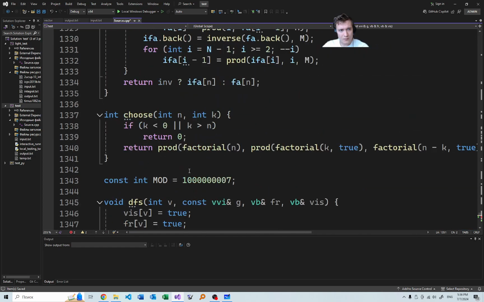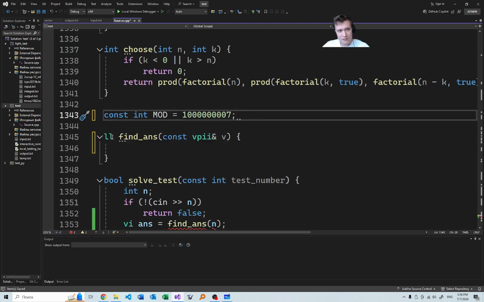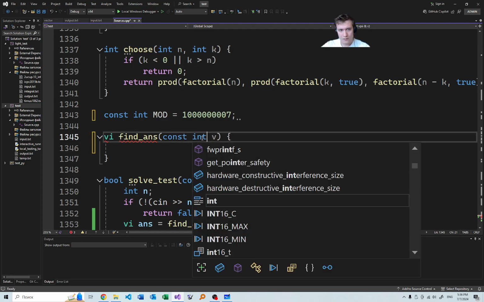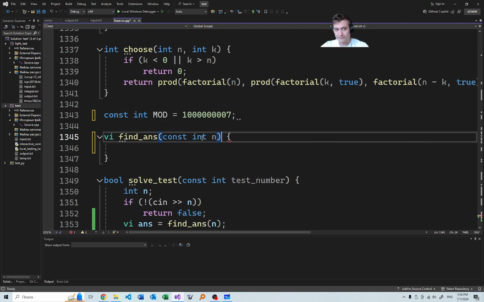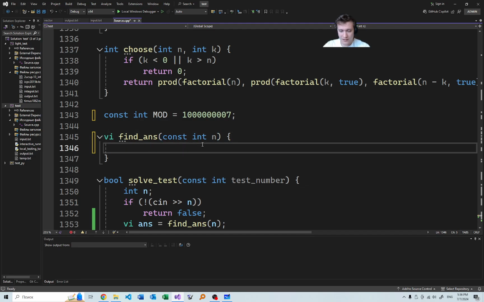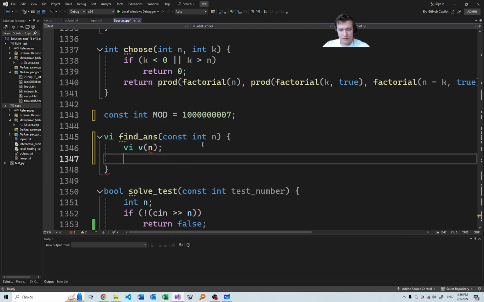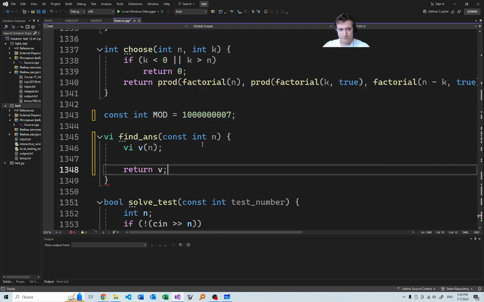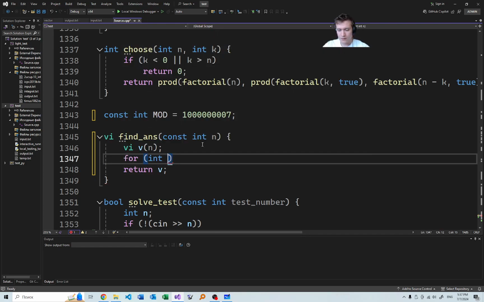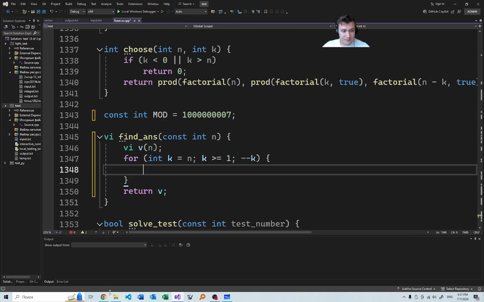Sorry, it's probably from the previous contest. So we say VI VN. And we go down from n to 1. So what do we do here?